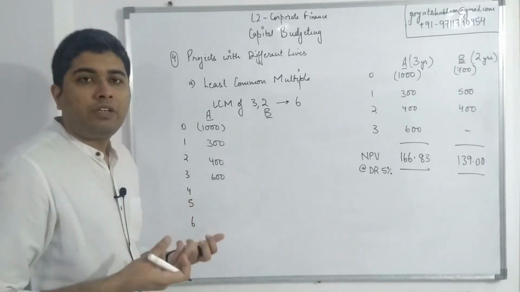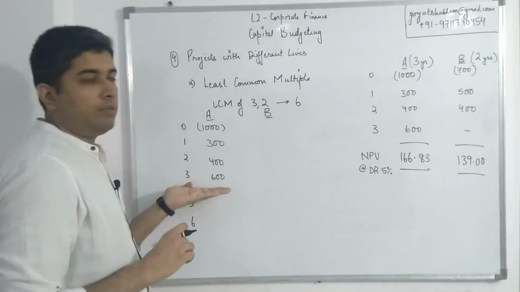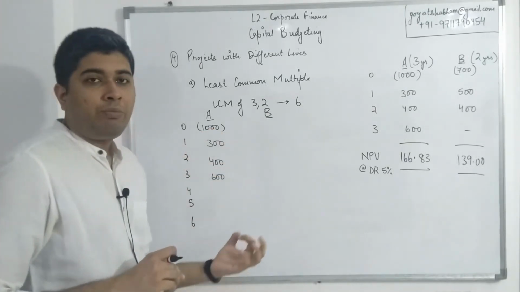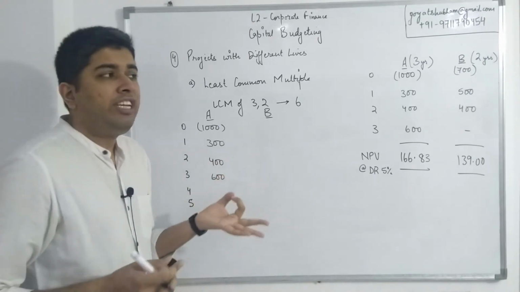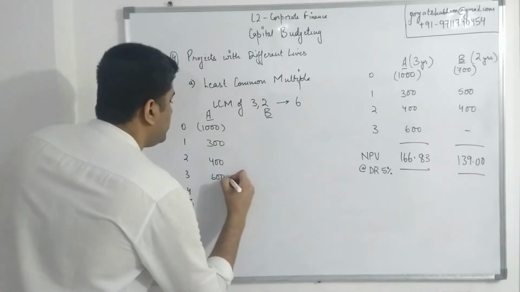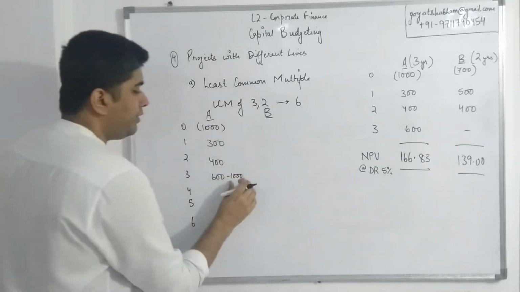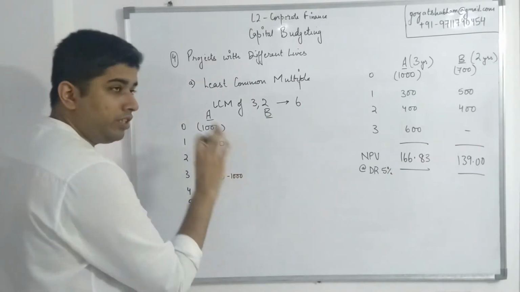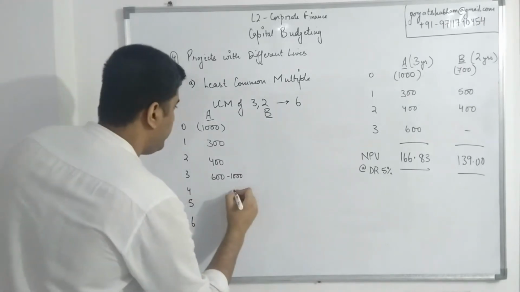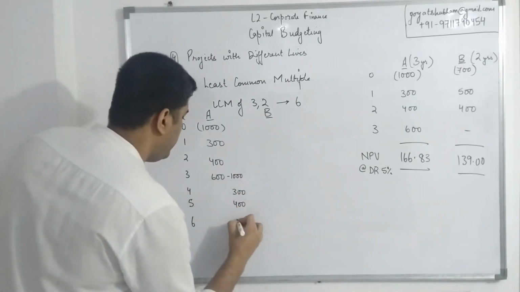Think logically: for the 3-year project, my investment was at time 0, so for the next 3 years it should be at the beginning of the 4th year or the end of the 3rd year, whichever you feel comfortable with. So 600 minus 1000 is for the next investment. In the 4th year, you get 300 again, 400 and 600.